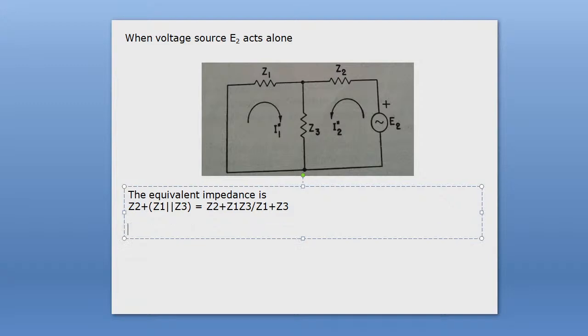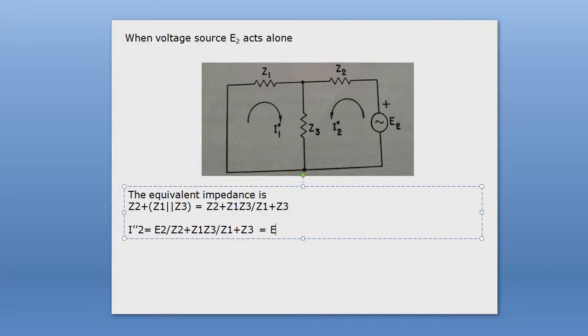Therefore we can write the expression of I2 equal to how much? E2 divided by this impedance, Z2 plus Z1 Z3 divided by Z1 plus Z3. So you can simplify it.